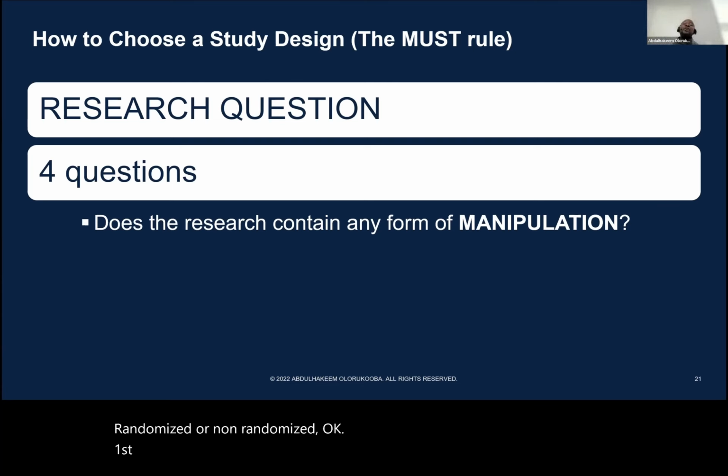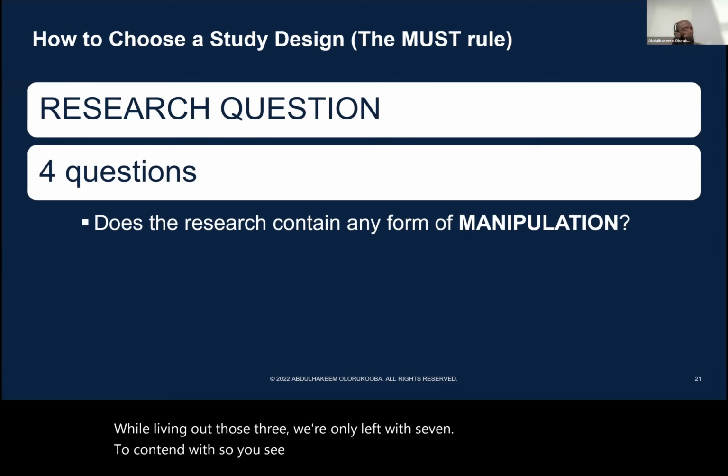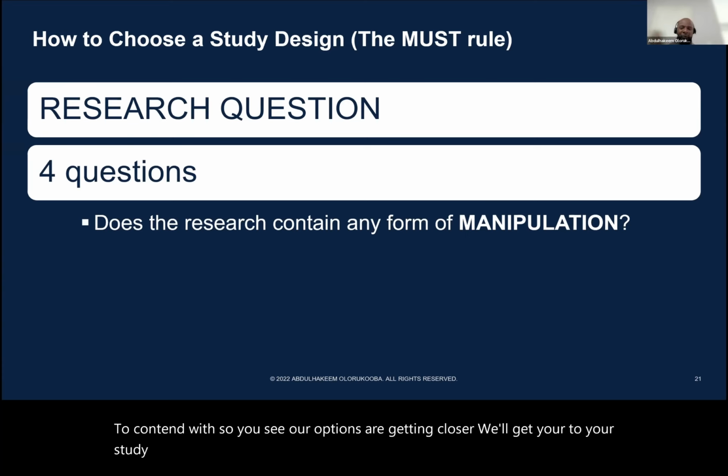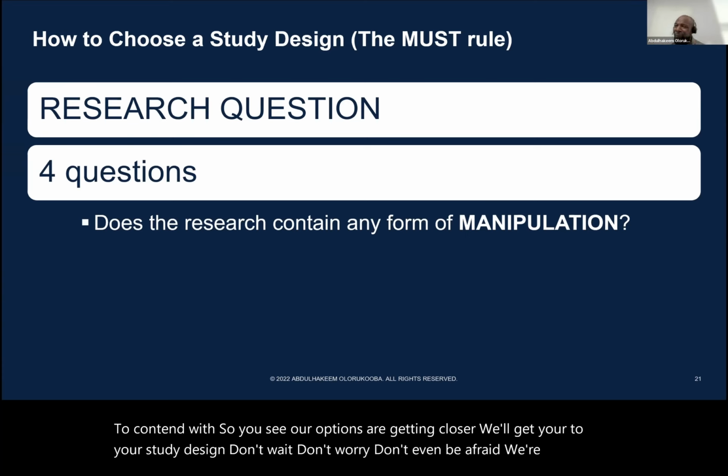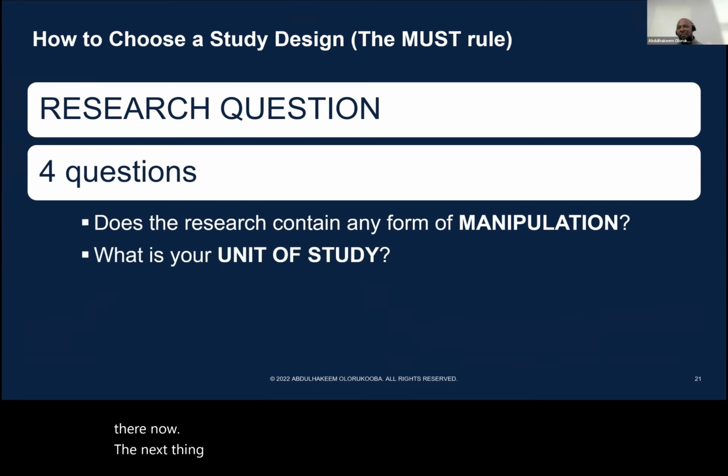If you say it does not contain manipulation, we're leaving out those 3. We're only left with 7 to contend with. So you see, our options are getting closer. Sharp, we'll get to your study design. Don't worry, don't even be afraid. We're going to get there now. The next thing is, what is your unit of study?